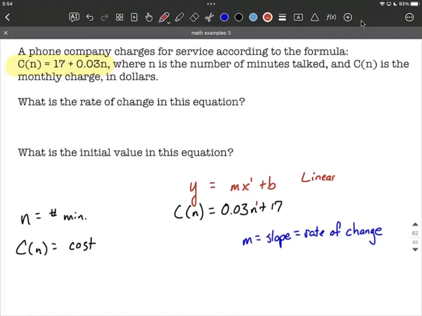The other thing is b, which we normally think of as the y-intercept. We can also think of this as the initial value, the value when our variable equals 0.